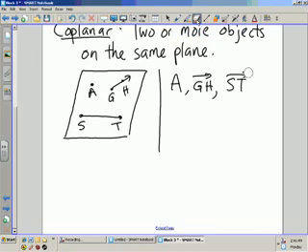I need to get rid of that. It's just a bar. There's no arrow on either side, and you put the 2 letters underneath. So, point A, ray GH, and line segment ST are coplanar.